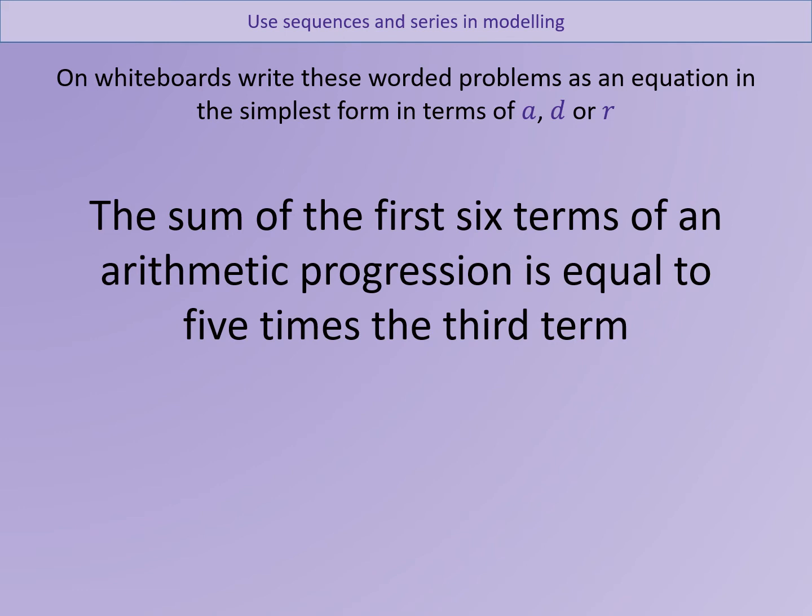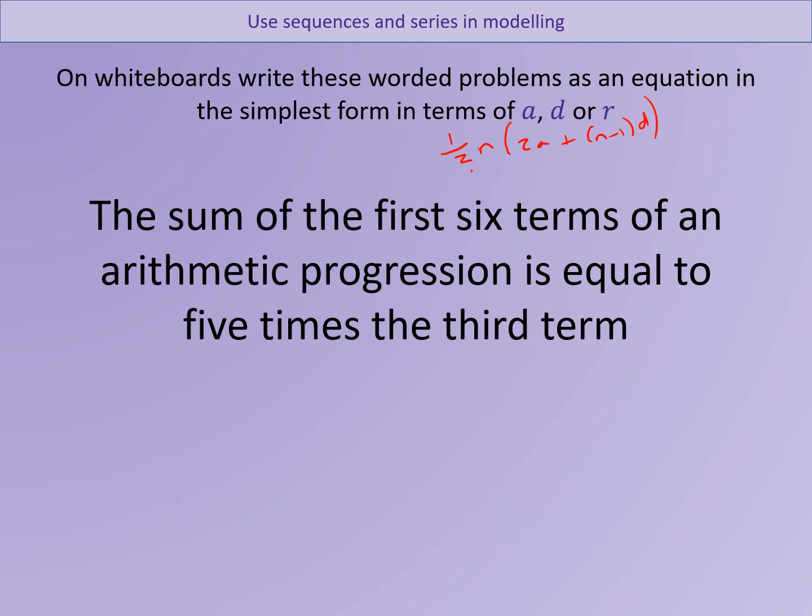Next, the sum of the first 6 terms of an arithmetic progression is equal to 5 times the 3rd term. Again, we're going to need to use the formula here. The sum of the first n terms is a half n bracket 2a plus (n minus 1)d. We substitute 6 in for n and put it equal to 5 times the 3rd term.